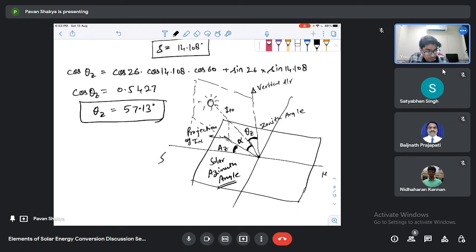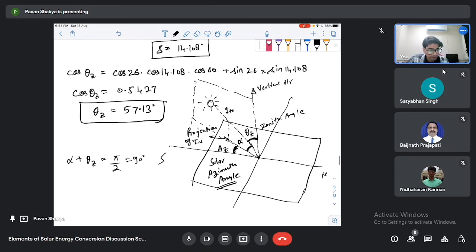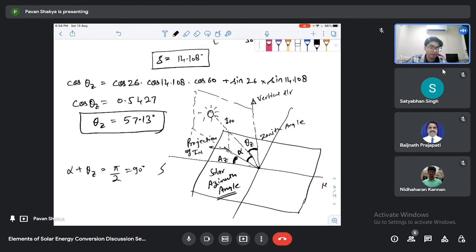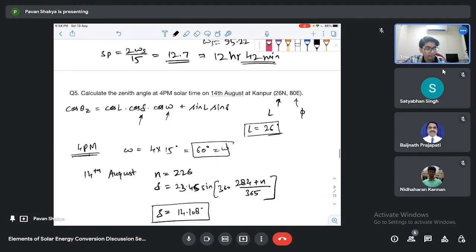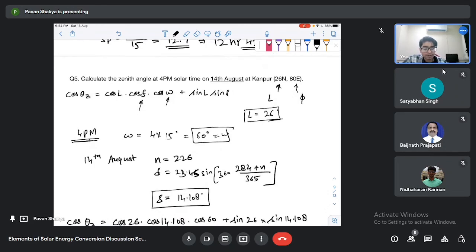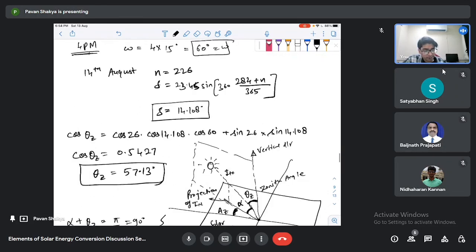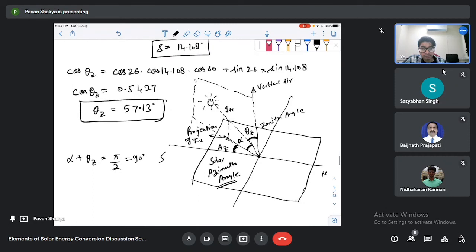So from this figure you can see that alpha plus theta z is pi by 2, that is 90 degree. If we want to calculate the altitude angle for any particular location, then from the above formula we can put theta z as pi by 2 minus alpha.